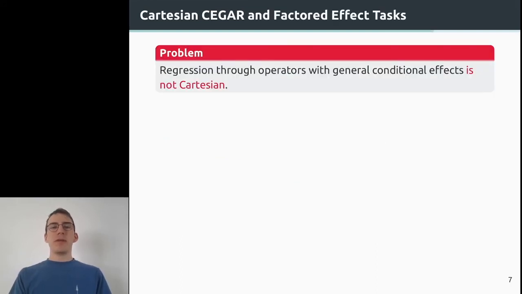However, there is a problem, and namely this is that regression through operators with general conditional effects does not lead to a Cartesian set, which must hold in order to keep the abstraction Cartesian.